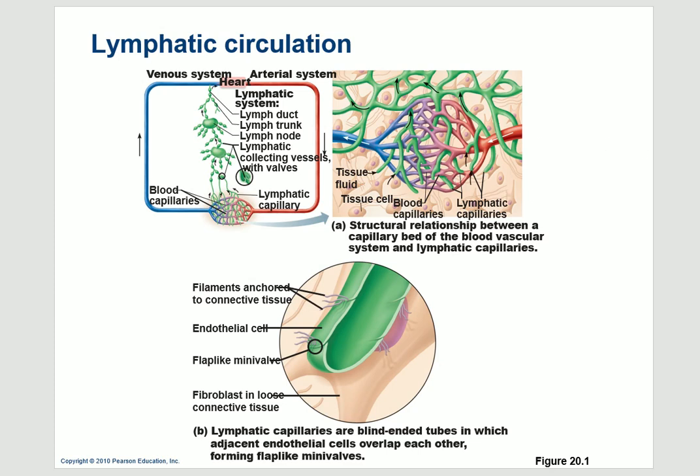Red just means that they are oxygenated. So when you see these red capillaries, we're talking blood capillaries. The green is where we start talking lymphatic capillaries. So anyways, you have oxygenated blood and fluid coming in here from this arrow.